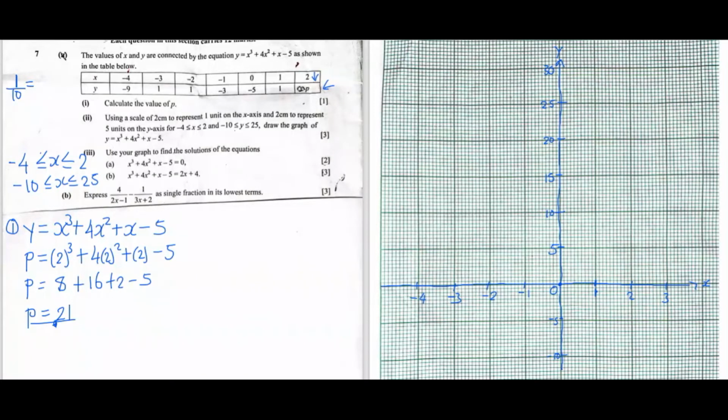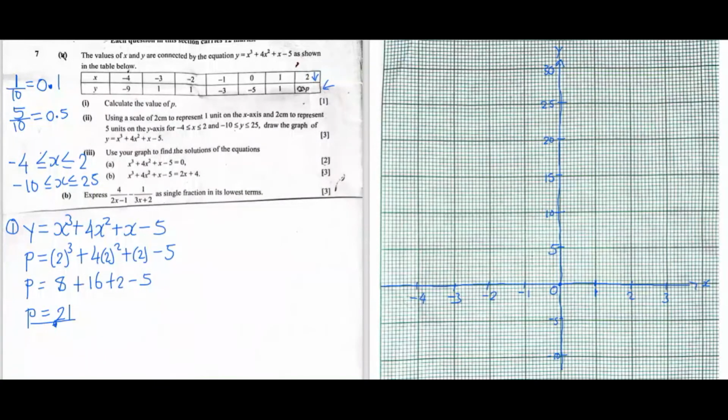A square has 100 of these smaller boxes, and each side of a square has 10, so we divide by 10. On the x-axis, that smaller box represents 0.1. What of the y-axis? You just get the number that you are adding on. It's 5 units, you divide by 10, so each smaller box represents 0.5.